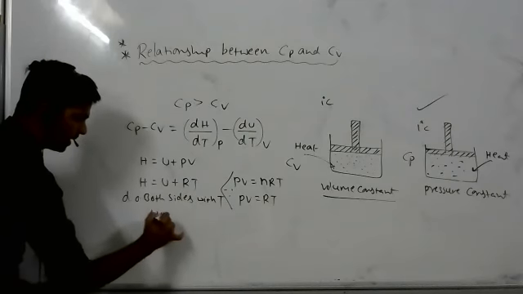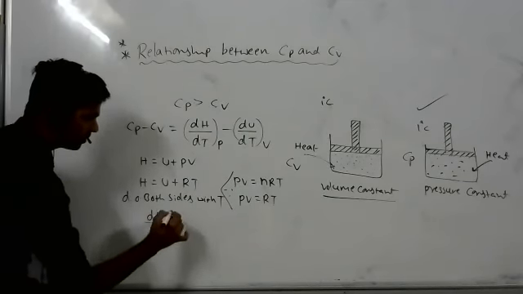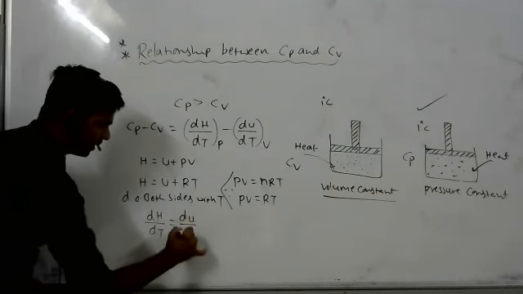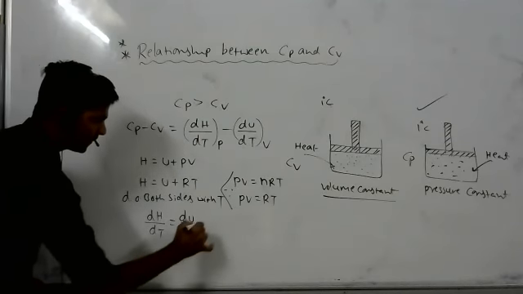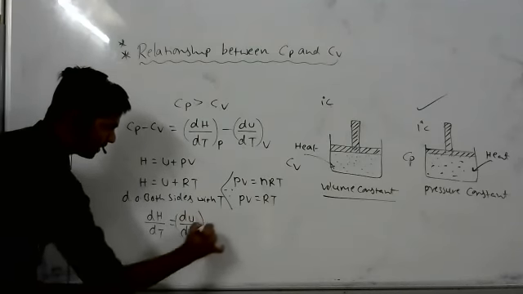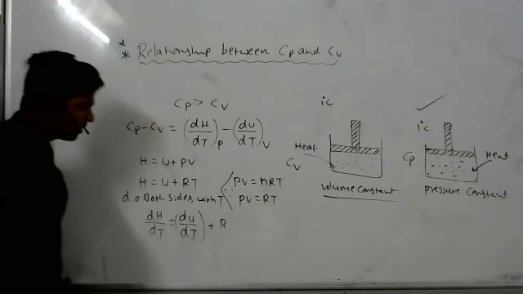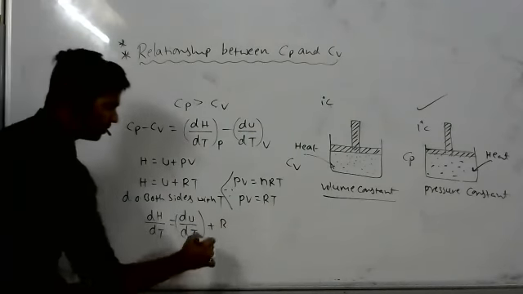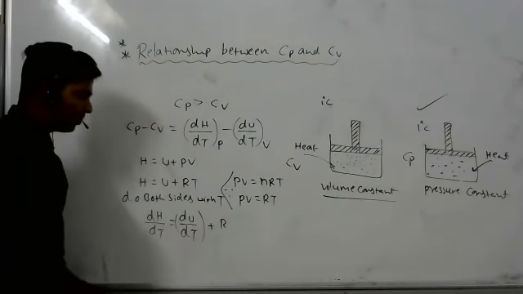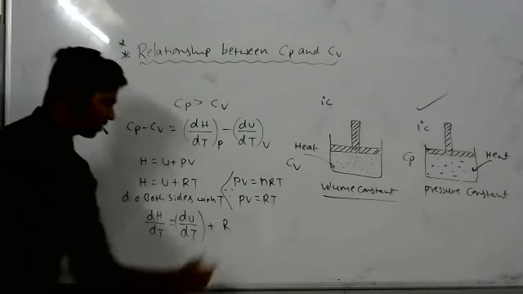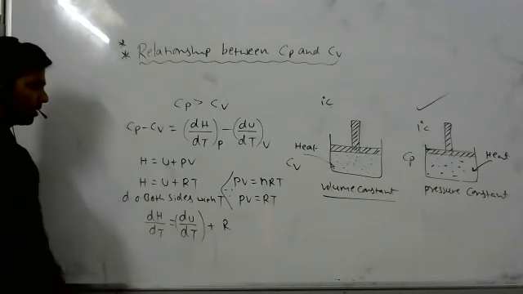So dH by dT is equal to dU by dT plus R into dT by dT, which is 1 only. So we just keep R here.